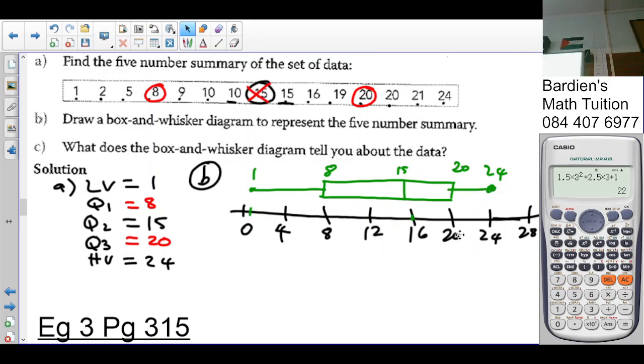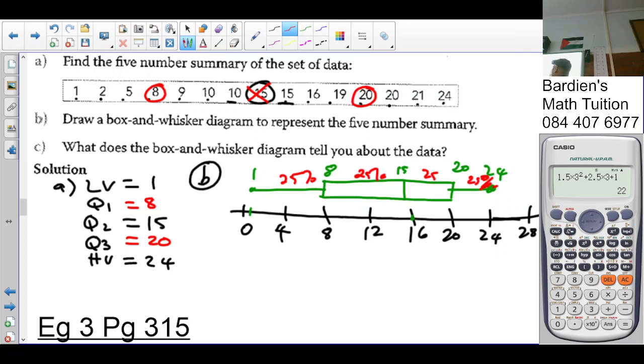Alright, you guys understand? Then you see it says, what does the box and whisker tell us about the data? We can say that firstly 25% of the data is lying between or including 8 and 15. You remember quartiles divide the data into quarters, not so? 25% is lying between 8 and 15, or including those values. 25% there, 25%.